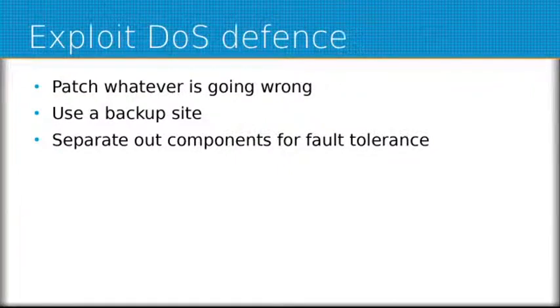Whether you want to do that is a different question. You can also separate out components for fault tolerance. It shouldn't be that a small part of your website crashes and then the whole thing goes down. If they're not tightly coupled, you can keep the system going so that even if a bit of it dies, the rest of the website is still usable.